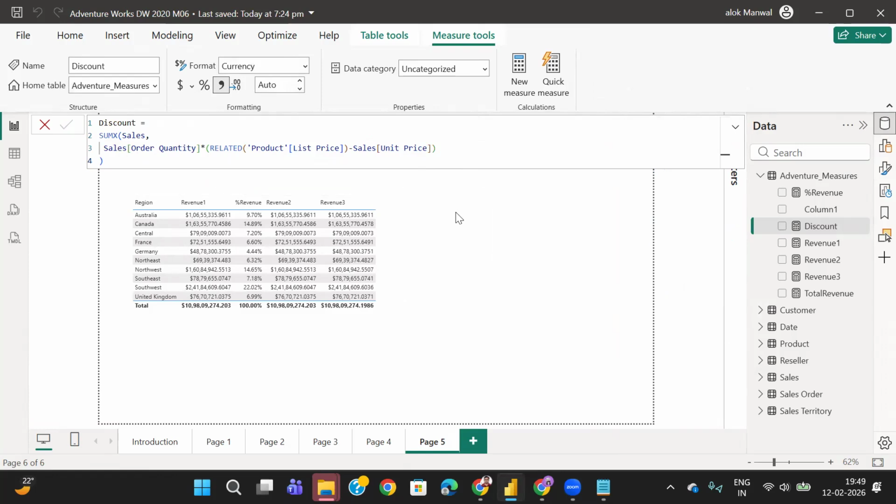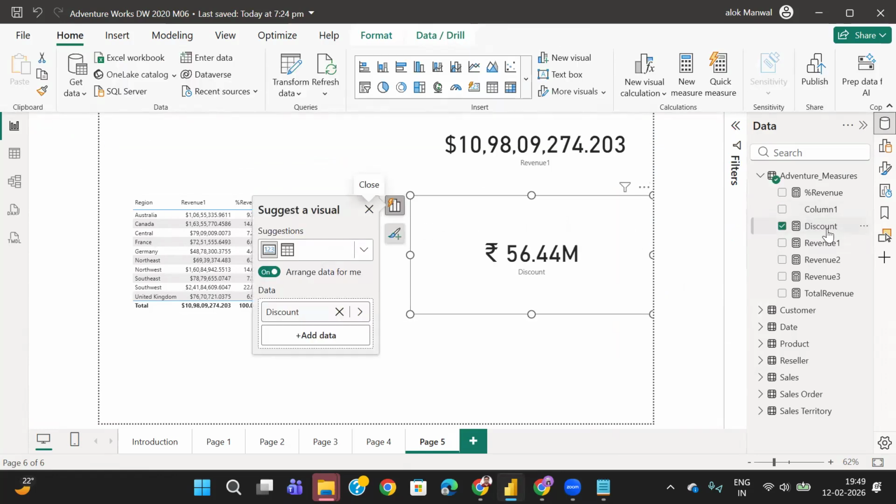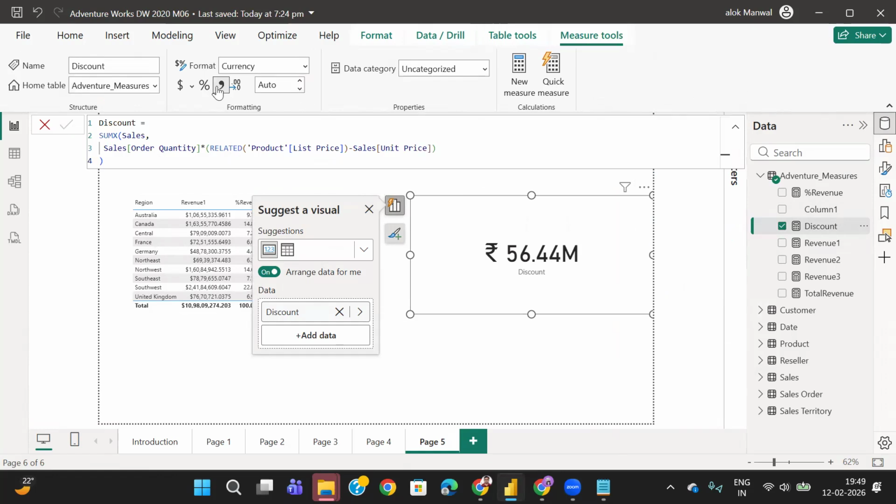I think it would be very easy for you to understand the functionality of SUMX, because we have gone step by step. Now let's see. This is in rupees, and I'm just converting it into dollars.